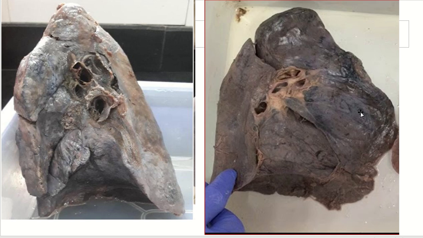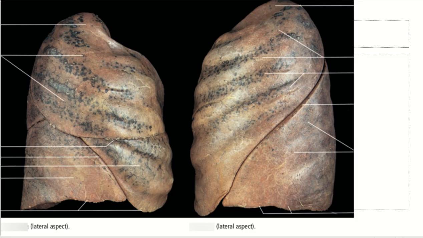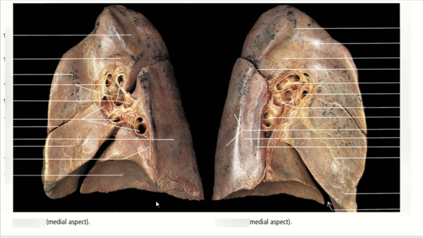So this is the mediastinal surface. This is the vertebral surface of the medial surface of the lung, and this is the base, and this is another base. Costal surface and carbon particles deposition in the lung tissue.